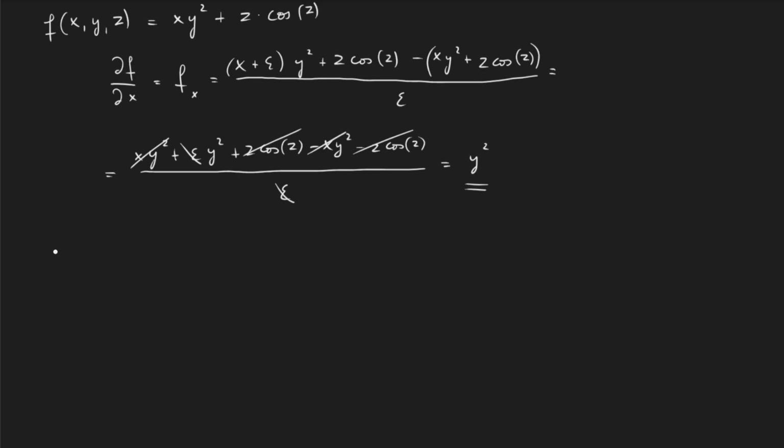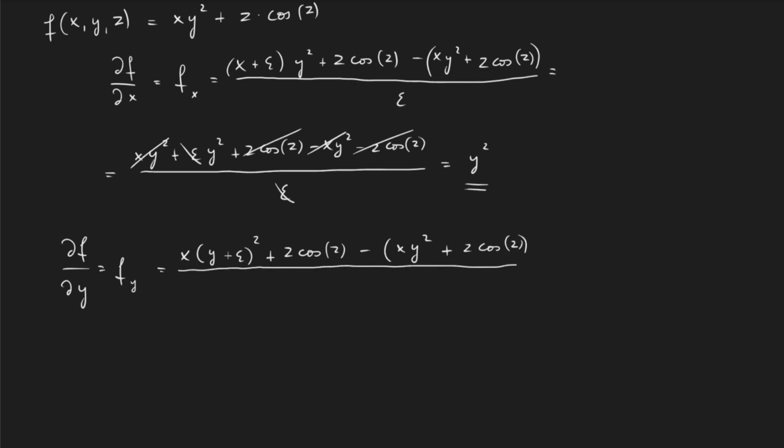We will calculate the function derivative with respect to y. So that will be our partial derivative with respect to y, which can be written with this f subscript y. And this time we will put y plus epsilon in the place of y. So x times y plus epsilon squared plus z times cosine z minus the original one, xy squared plus z times cosine z, and of course we divide by epsilon.